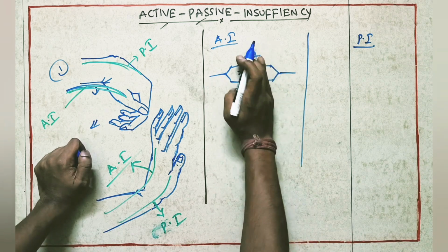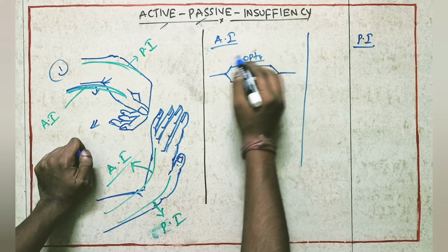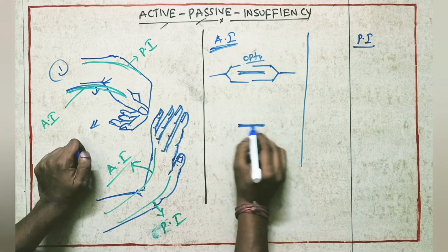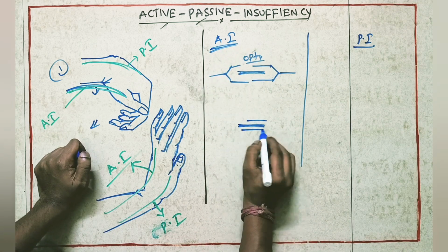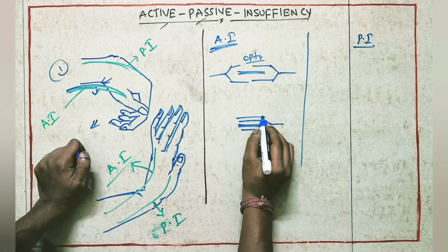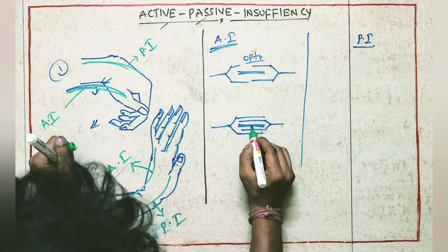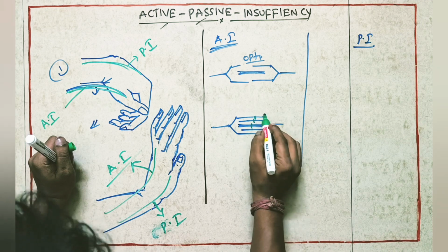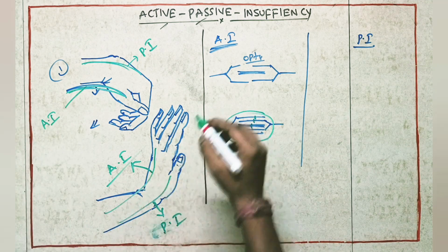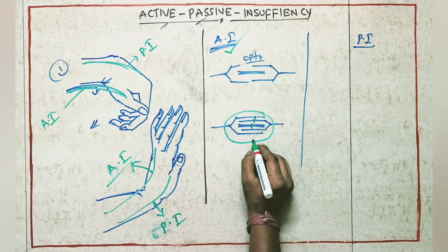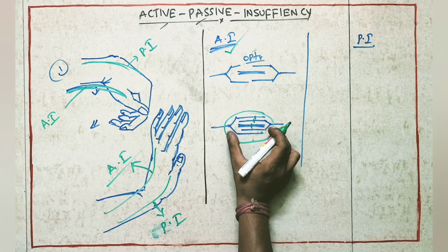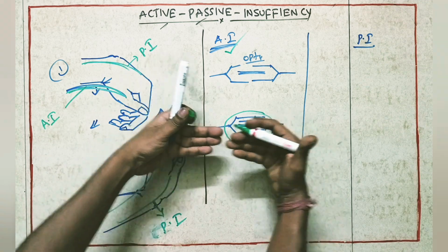How will the structure be in active insufficiency? Myosin will be there, with actin on both sides, and the overlap between myosin and actin will be maximum. That is active insufficiency. From here, if we want to contract, the overlap is complete, so it won't shorten further.